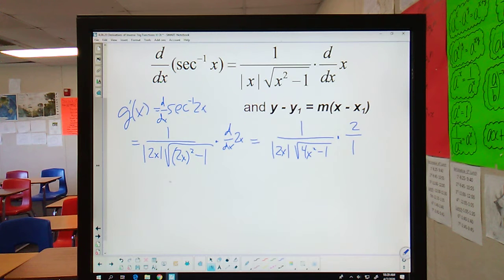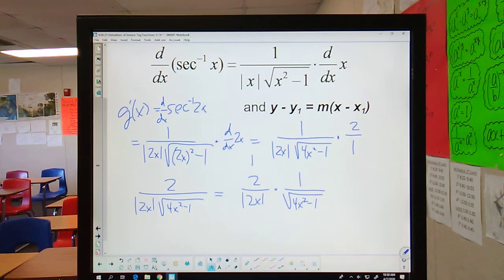You now have 2 over absolute value of 2x times the square root of 4x squared minus 1. And when you multiply across. Now, let's break this up. Isn't it the same as 2 over absolute value of 2x multiplied by 1 over the square root of 4x squared minus 1? That's just making it into 2 separate multiplication problems.